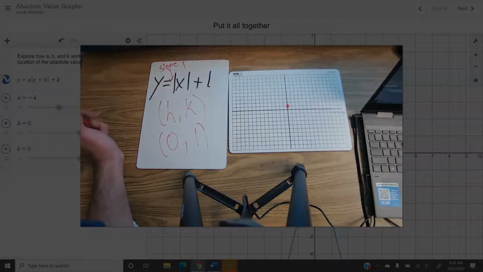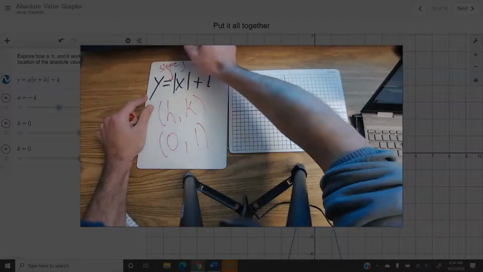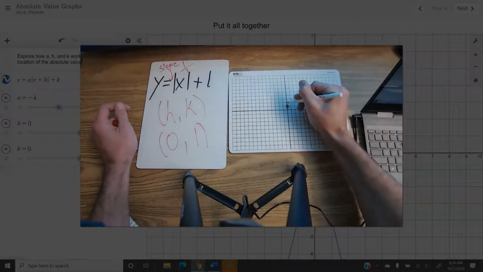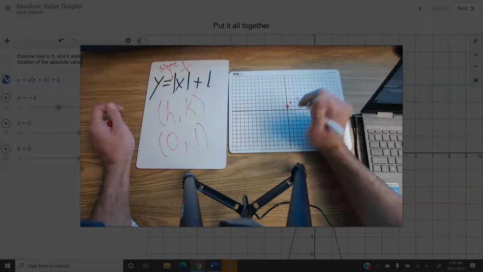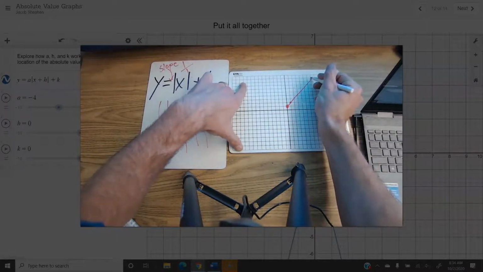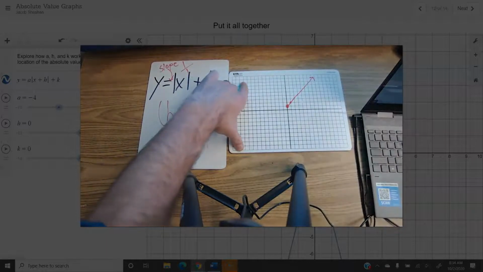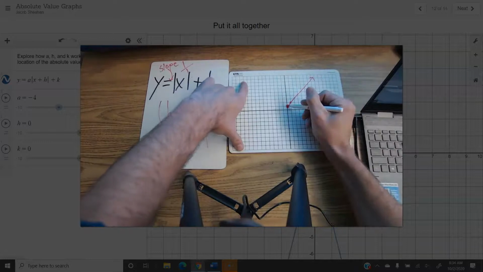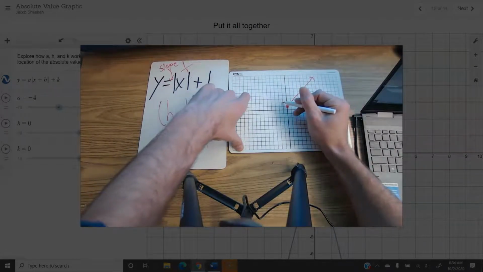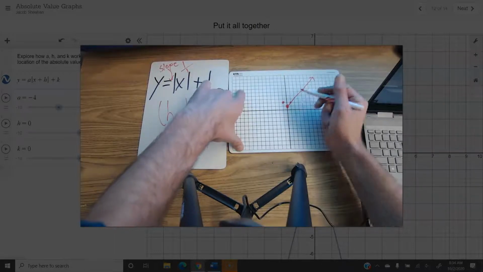If you multiply anything times 1, it stays itself. And remember, this is 1 over 1, which means I'm going to go up 1 over 1 from my original point. That's enough for me to create half of my absolute value. Now, if I want to create the other half, I just go back to my vertex, my big point, and I'm going to go up 1 over 1 in the other direction.